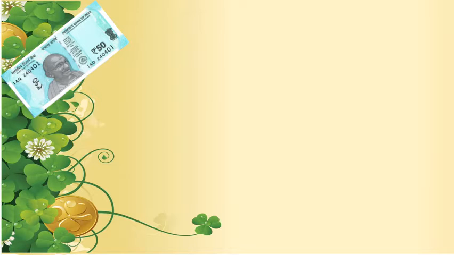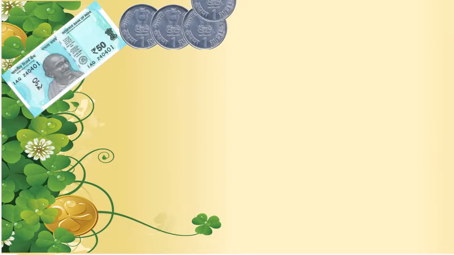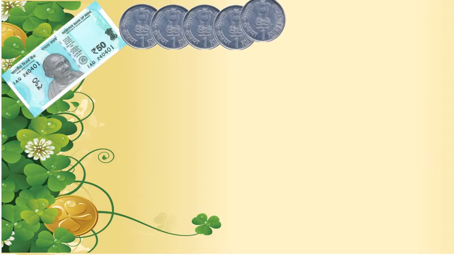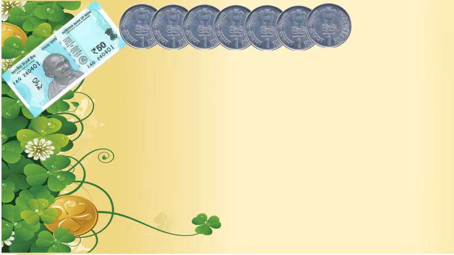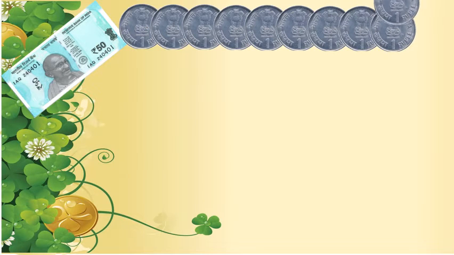We'll see. 1 rupee, 2, 3, 4, 5, 6, 7, 8, 9, 10. Means these are 10 rupees because the coin has a value of 1 rupee. Isn't it? 10 coins means that is 10 rupees.